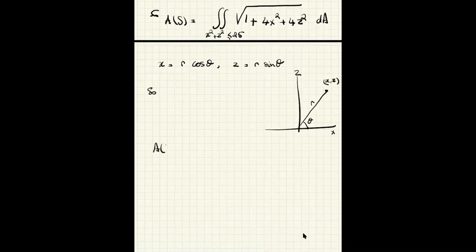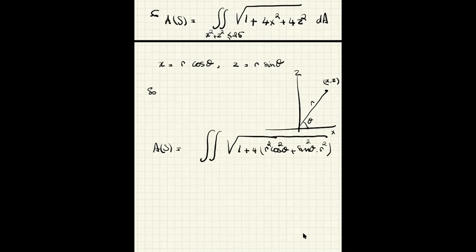So this will be the integral over 1 plus 4 r squared cos theta squared plus sine theta squared r squared. Now this is dx dz, right?